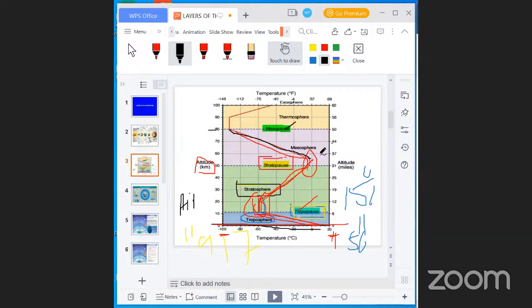So then in the mesosphere, what happens? The mesopause is the transition zone between the mesosphere and thermosphere. Again here, sometimes it remains constant.